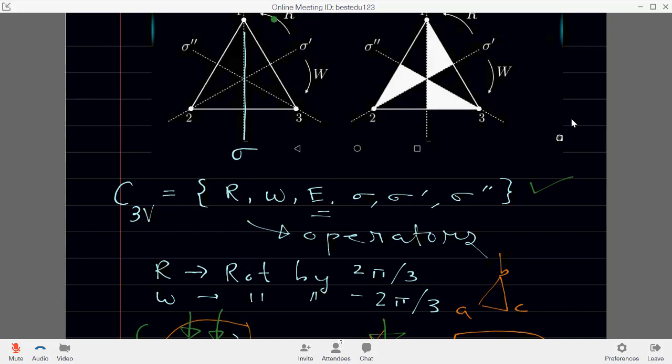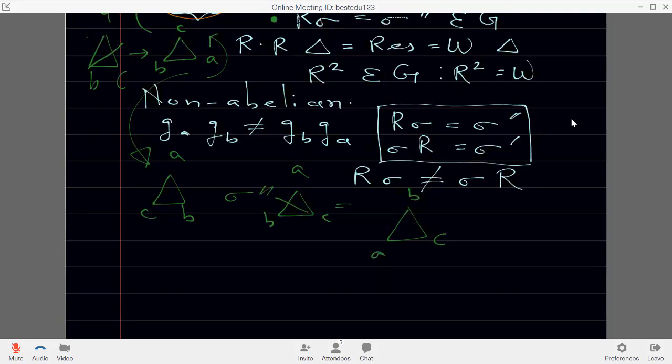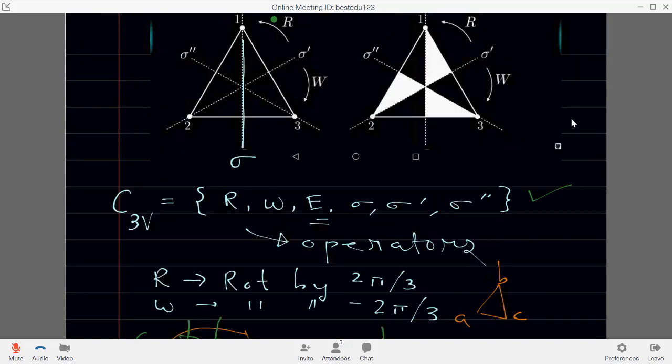Okay, R is rotation by 2 pi by 3, in the anti-clockwise direction. There is some mistake here, but what I want to say is that when you apply R and sigma prime on the triangle, you get the same result as applying sigma double prime on the triangle. But find where I have made the mistake.